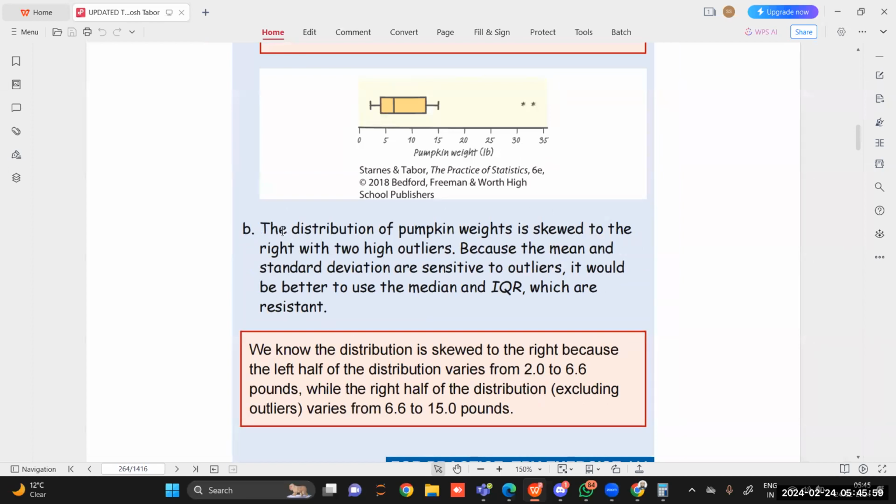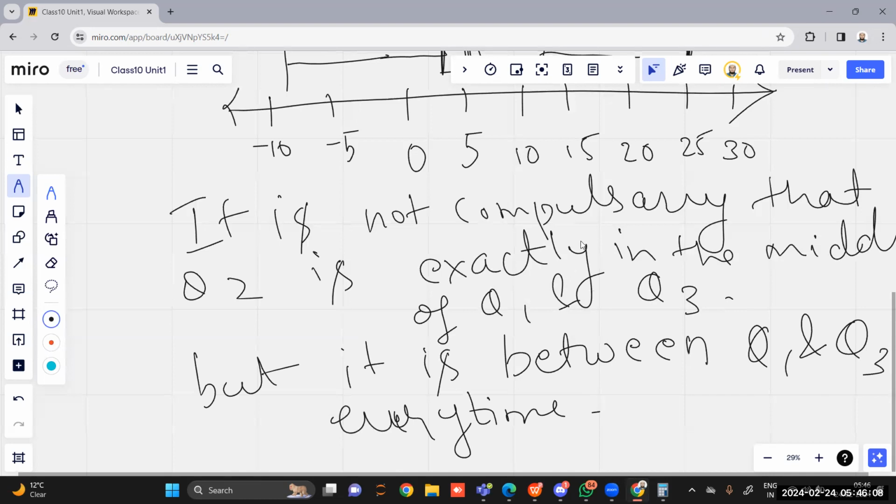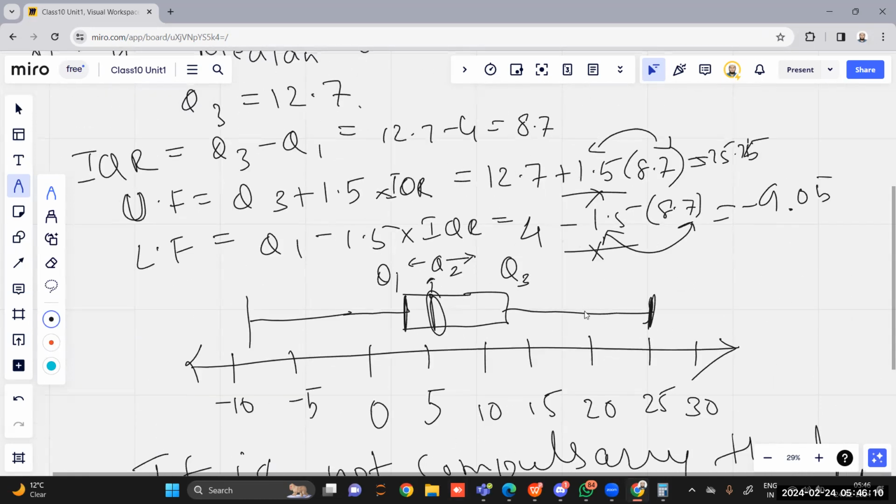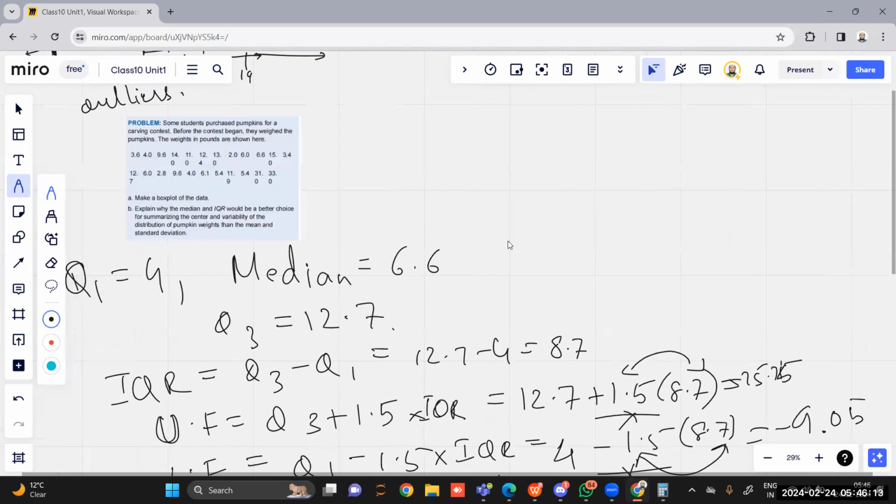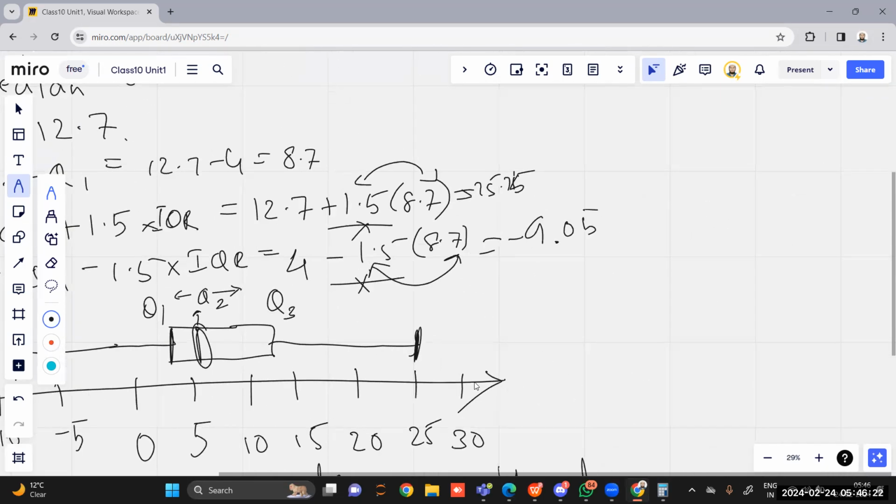So he has given the answer for the next question. The distribution of pumpkin weight is skewed to the right. Yes or no? Yes, because when we look here, there are entries 33 and 31, and no more. These two data points are the outliers.